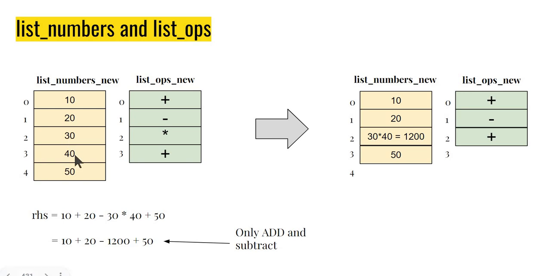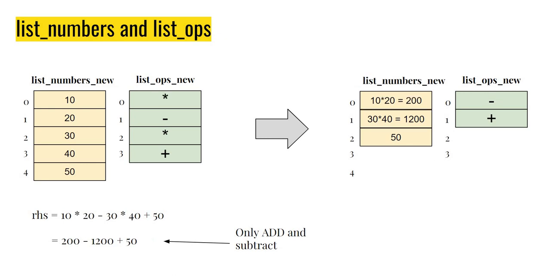So I do 30 times 40, and I replace 30 by 1200 and delete 40. Notice I've trimmed the list, I've adjusted list numbers new, and I also go and remove the item from list ops new. Now I'm left with list numbers new and list ops new, which have only plus and minus, and this I know very well how to handle. In fact, we've already done this when we handled those long questions.